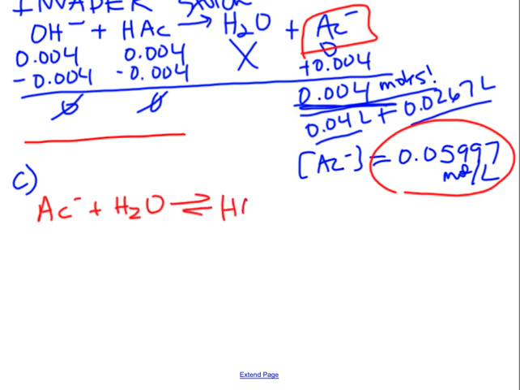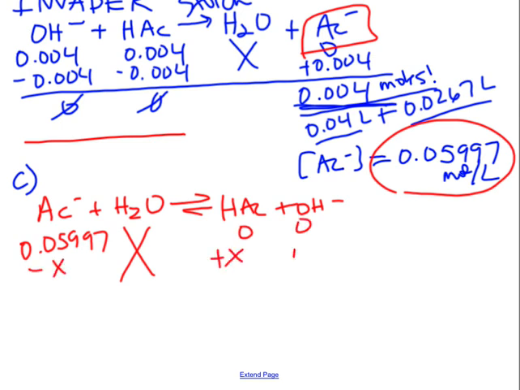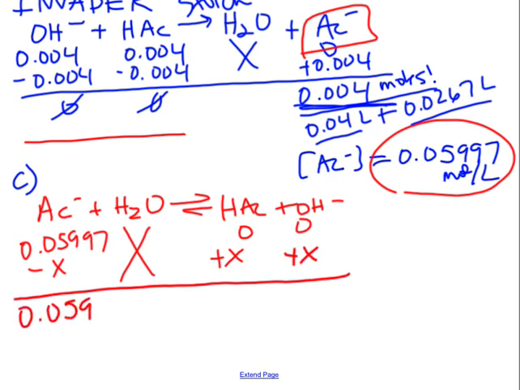I'm going to make HAC plus OH minus, and I get 0.05997 minus X, plus X, plus X. And I'm going to drop this because this is negligible.